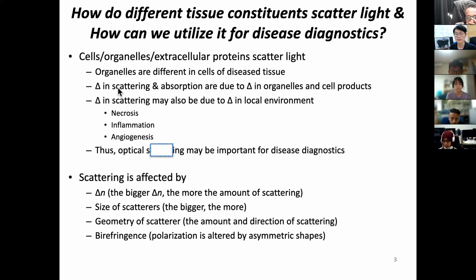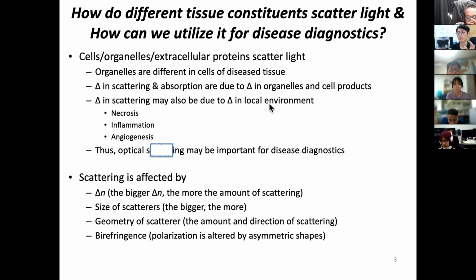Those changes in scattering and even absorption will be due to changes in the organelles and the cell product. For example, normal cell versus cancer cell, we know a bunch of differences in their morphology, and they may affect the light scattering properties. Changes in scattering may also be due to changes in the local microenvironment.